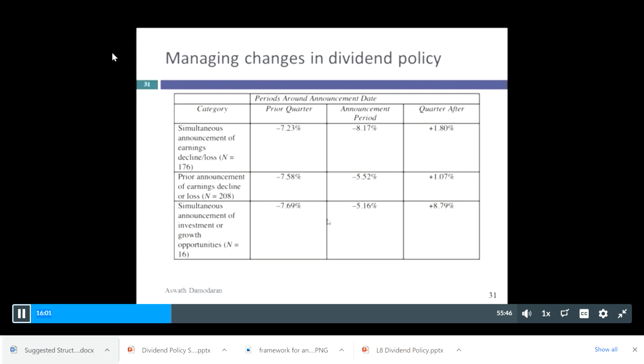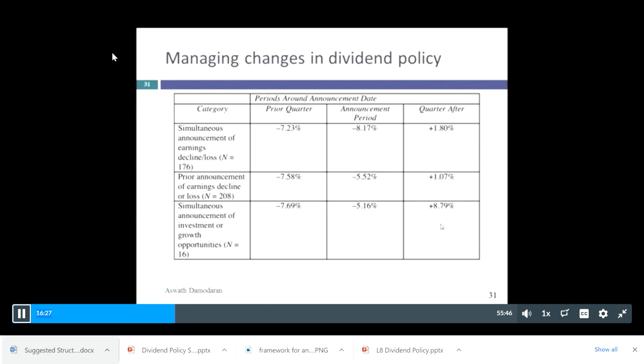And then finally we have a little bit of evidence. Again, n equals 16 is not a large sample size, and maybe these two numbers are not that different, but a little bit of evidence that announcing investment opportunities that you have as the reason for decreasing the dividend tends to soften the blow a little bit here.